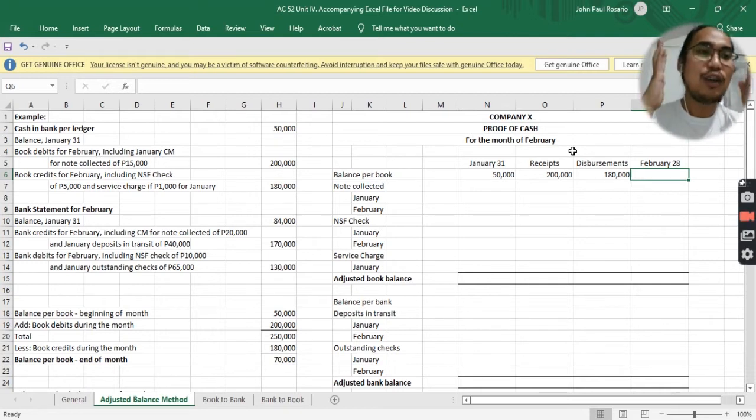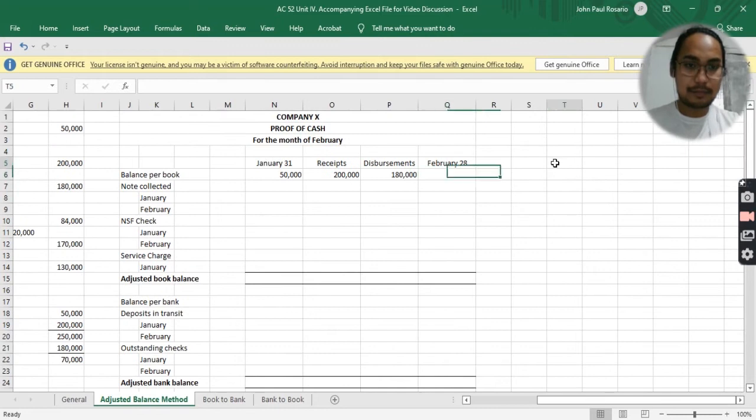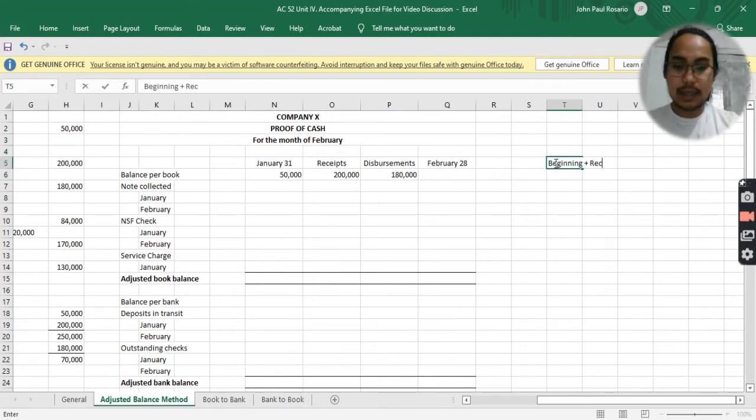So in this case, your beginning balance and your receipts, beginning balance plus receipts, and then disbursements plus ending balance should be equal. Okay? So, as a summary, beginning plus receipts is equal to disbursements plus ending.